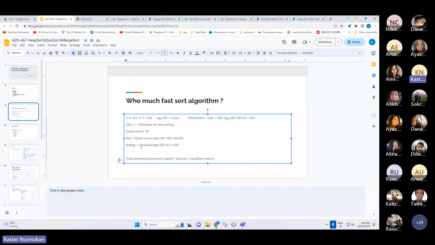But if I'm finding it, it means I will use binary search. Binary search uses log time. So on the outside it should be log time, and the n should be inside of them.